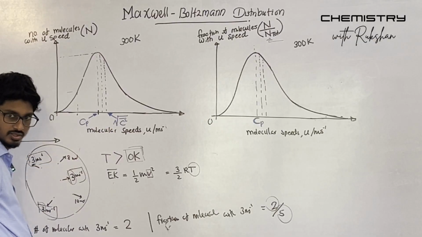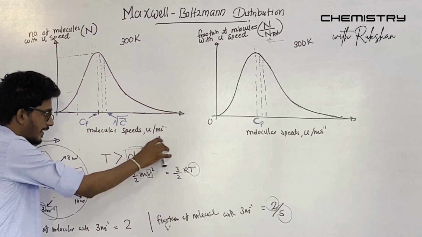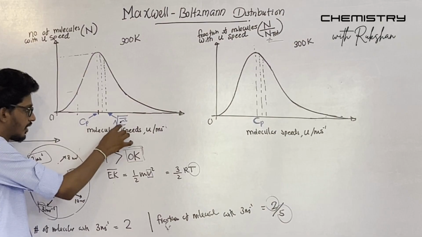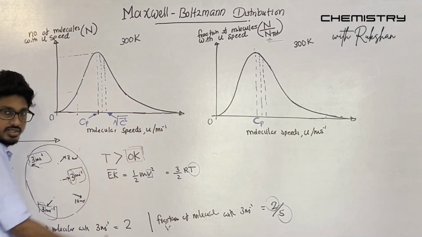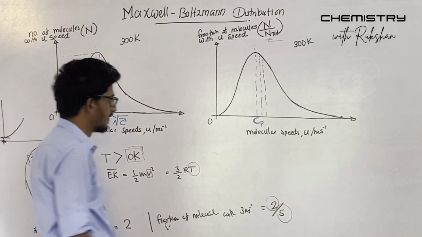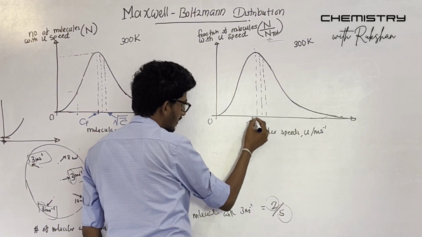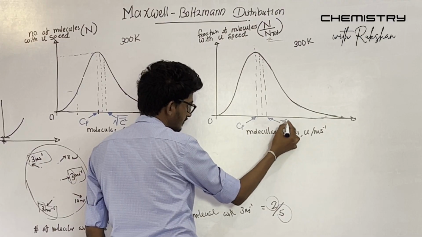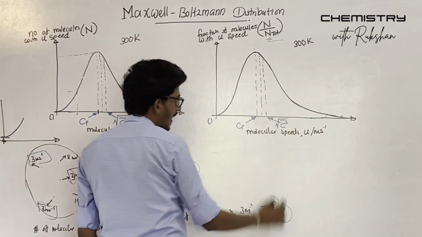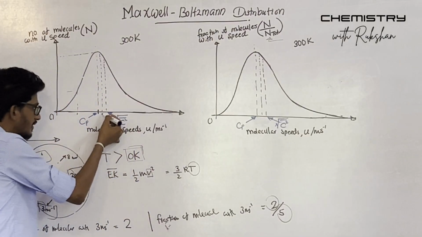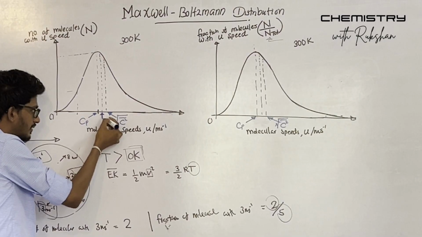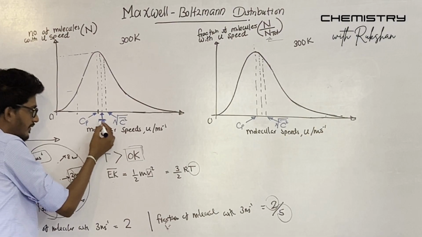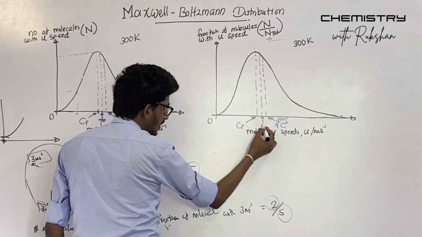It should be the square root, right? c squared bar comes with m^2 s^-2, right? The square root only comes with m s^-1, right? So you have the square root of c squared bar there. And here at the center you have the average speed. That is how the three speeds are located in this Maxwell-Boltzmann curve.